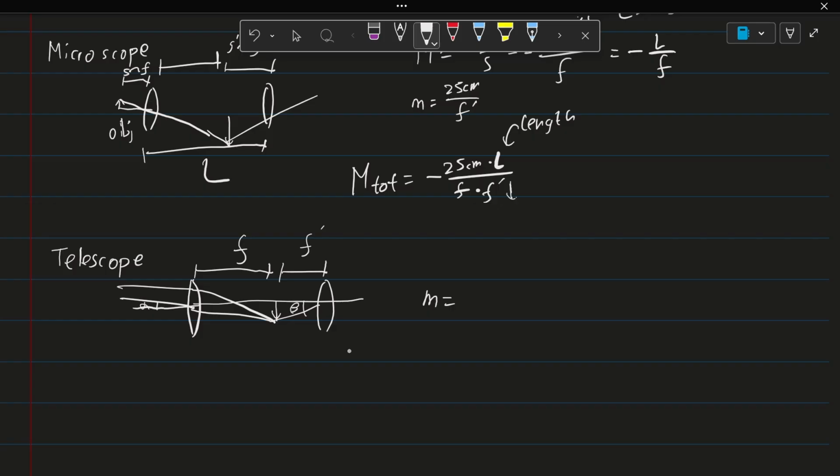The angular magnification for a telescope, from beta, is going to be h over f prime, the eyepiece, divided by h over f. So it's pretty much this angle here as well as alpha. It's h here, which is the height, over the focal length. That's the tangent of alpha, and then there's the tangent of beta. So the magnification is going to be f over f prime.